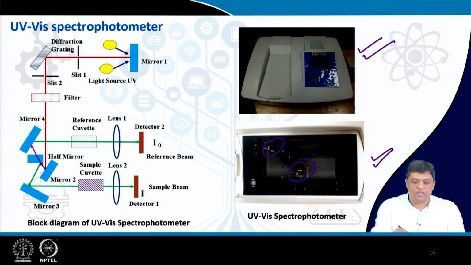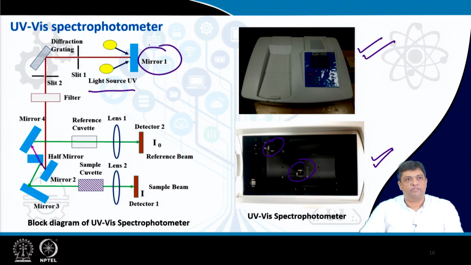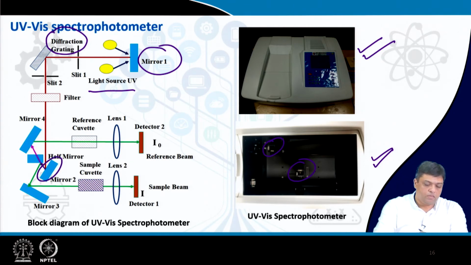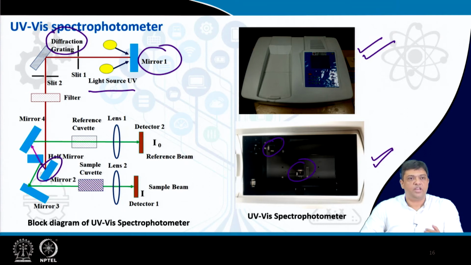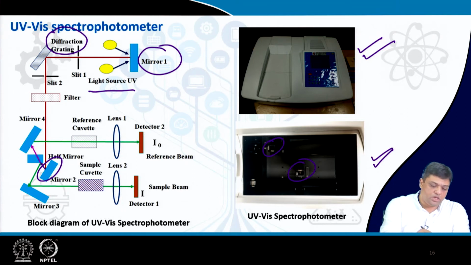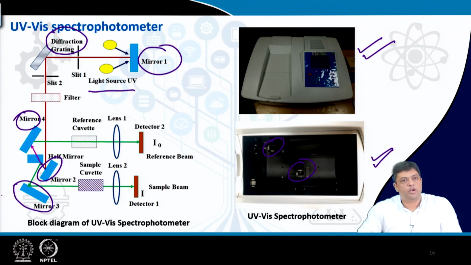So, what happens? You have the light source and the mirror which will reflect the light, then you direct this light using a diffraction grating. These will fall on the half mirror, and half of the intensity will go towards, let us say, mirror 4 and the remaining towards mirror 3, that is 50% of the intensity falling on mirror 3 and 50% on mirror 4.